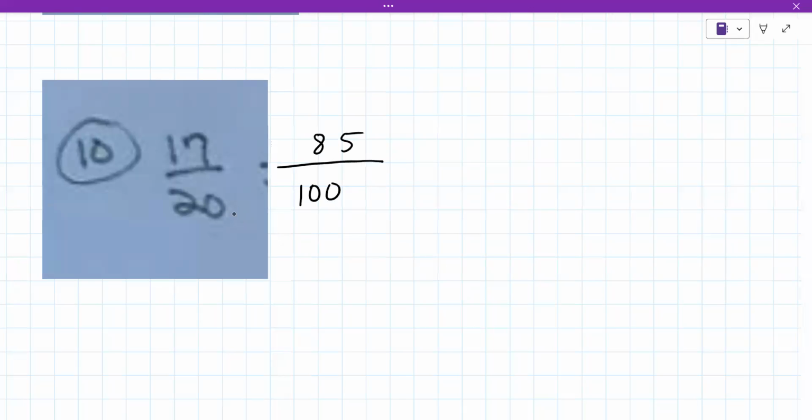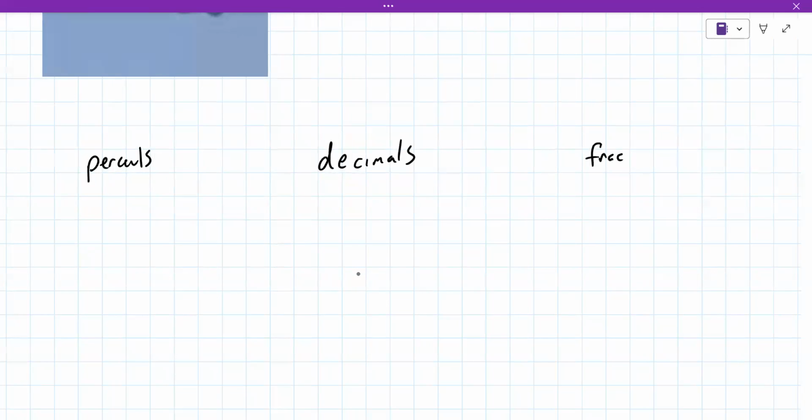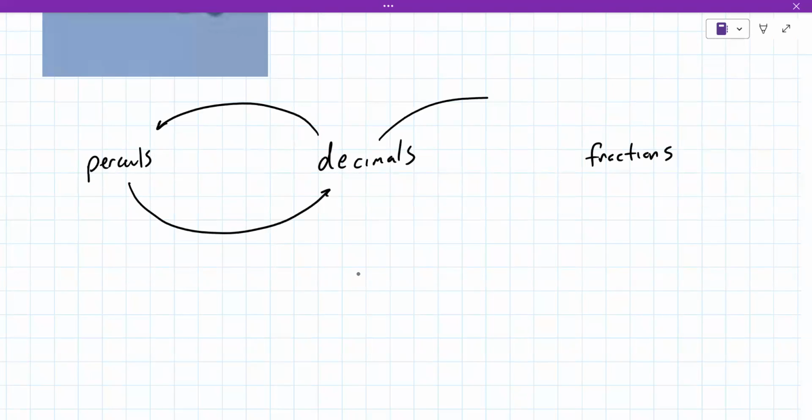85%. So there's kind of a little bit of a thing here to draw. There's decimals, there's percents, and then there's fractions. So you typically can go from a decimal to a percent, or a percent to a decimal, and a decimal to a fraction, or a fraction to a percent.